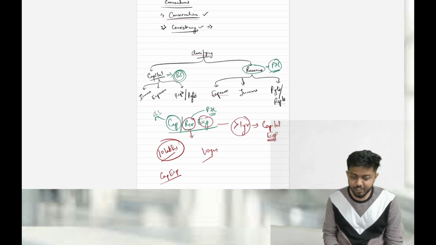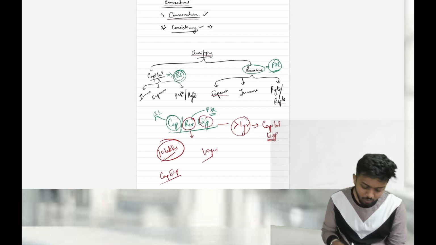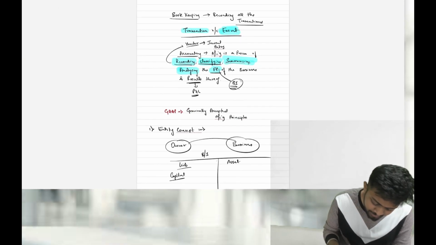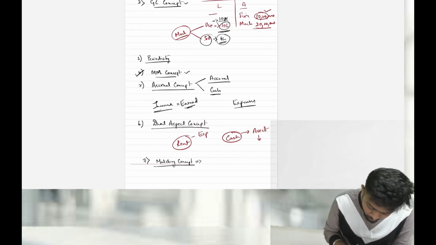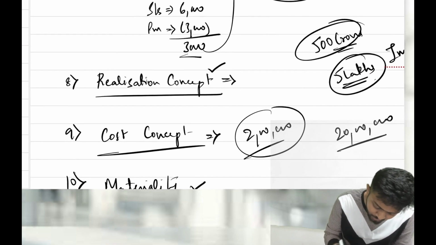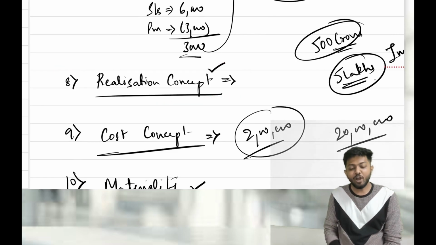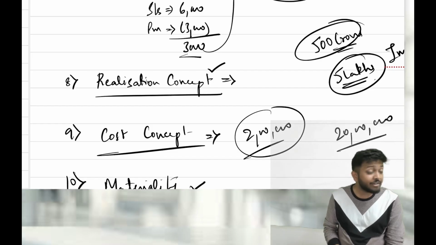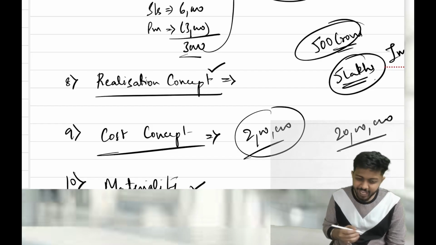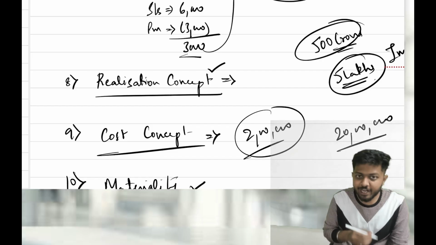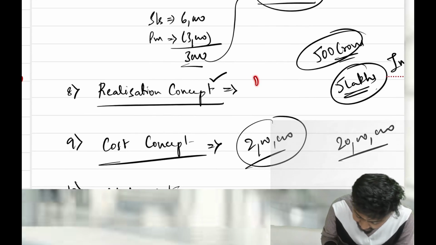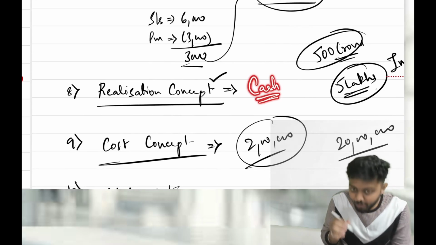So if you understood the concepts, one thing about the realization concept I would like to tell is, what did we understand in the realization concept? That you have to recognize something as income only if it is realized. When I say realized, I don't mean literal cash.